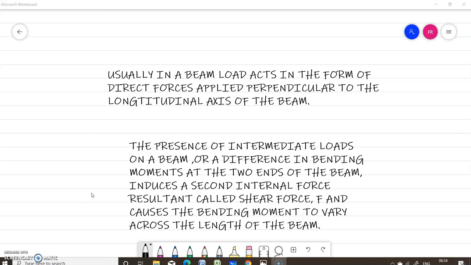So due to the difference in load, there will be a difference in shear force, and as a result of the difference in shear force across the beam, there will be variation in the bending moment along the length of the beam.